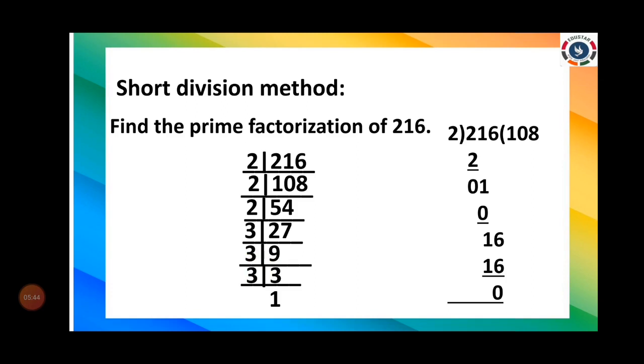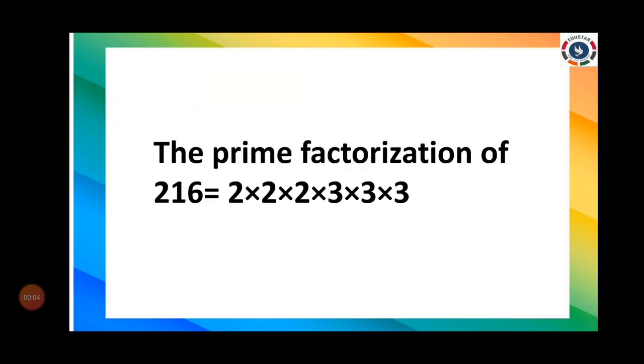Write that. So these are the factors you are getting. 216: 2 into 2 into 2 into 3 into 3 into 3. You have to divide the values until you get number 1 at the bottom. The prime factorization of 216 equals 2 into 2 into 2 into 3 into 3 into 3.